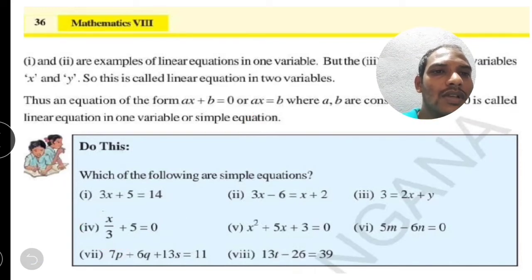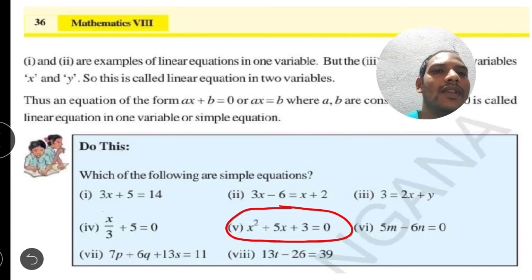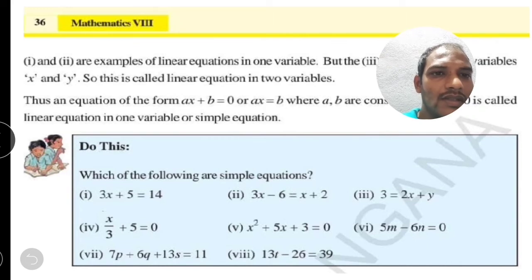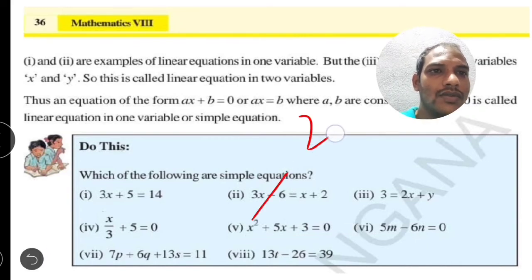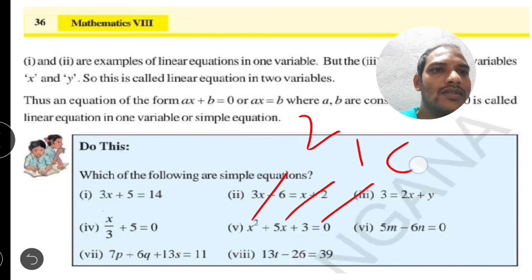Fifth question, x square plus 5x plus 3 equals 0. Is it a linear equation, children? No, it is not a linear equation because its degree is 2. The first term has degree 2, the second term degree 1, the third term degree 0, so the highest power is 2.